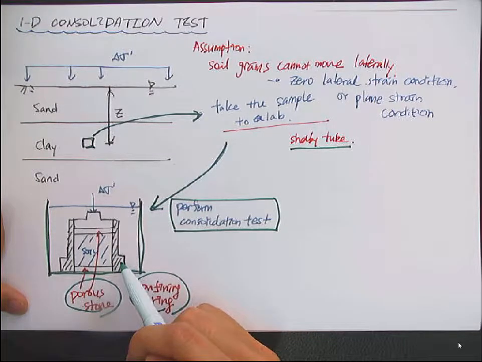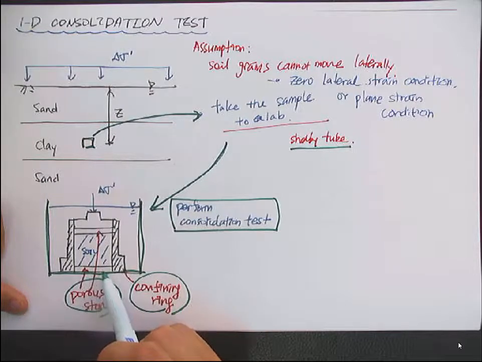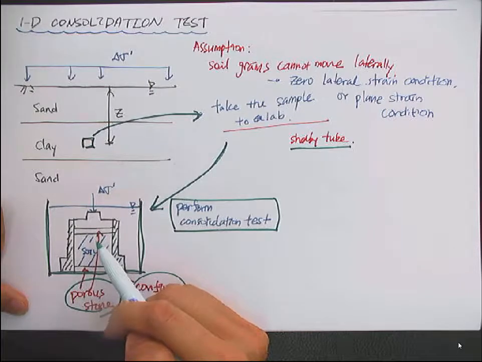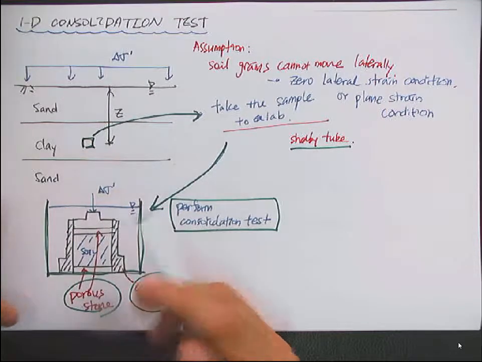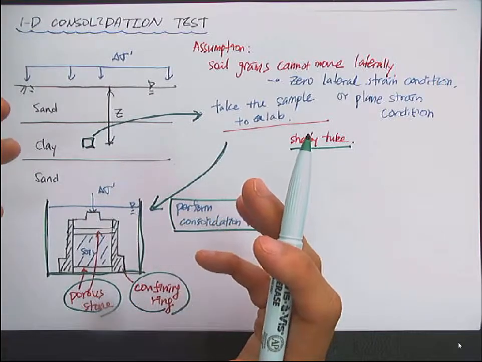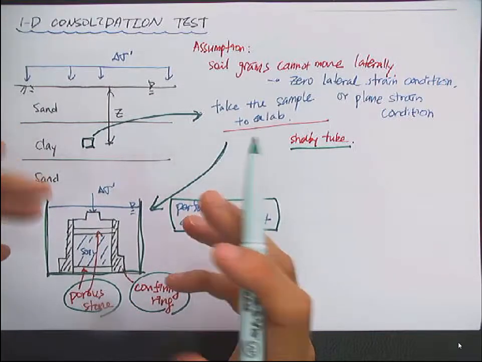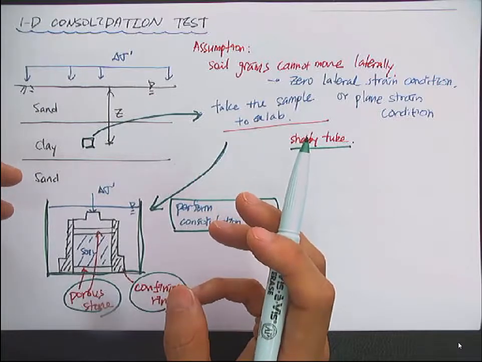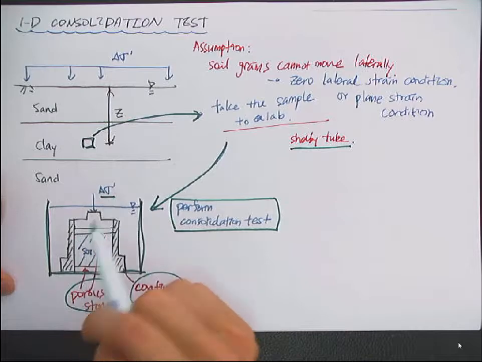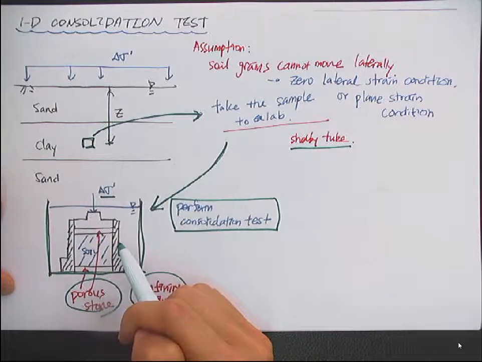Then you place the porous stones at the bottom and the top of the specimen. The purpose of this porous stone is to allow the water to flow through to the top and to the bottom. And you submerge this soil for a certain amount of time, in general like 1 or 2 days, then submerge it in the bath and apply the load and measure the height change.